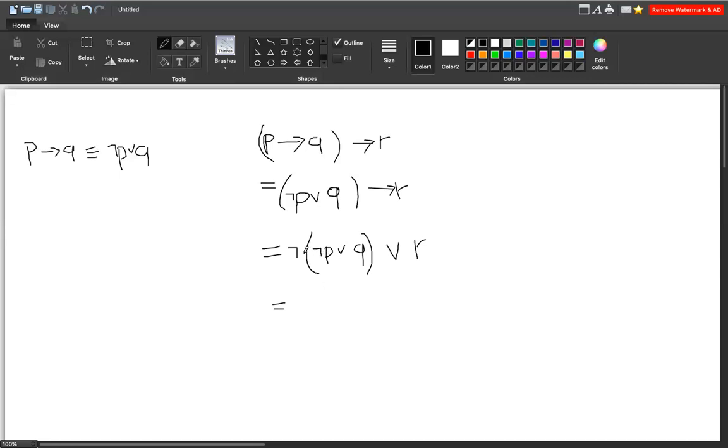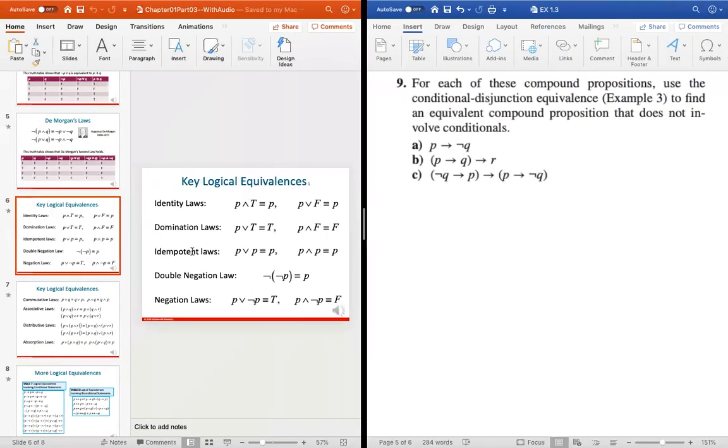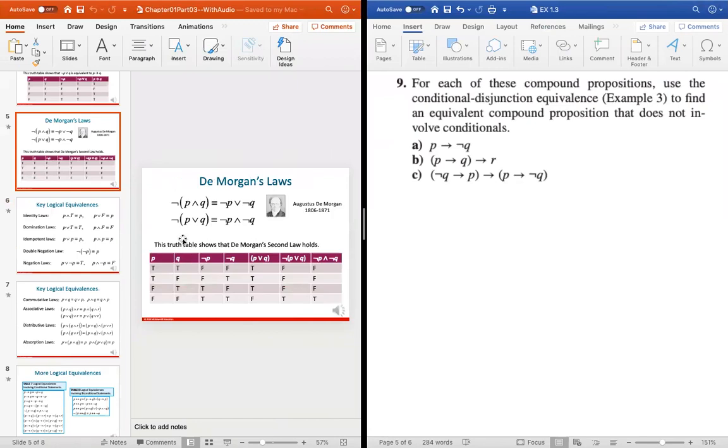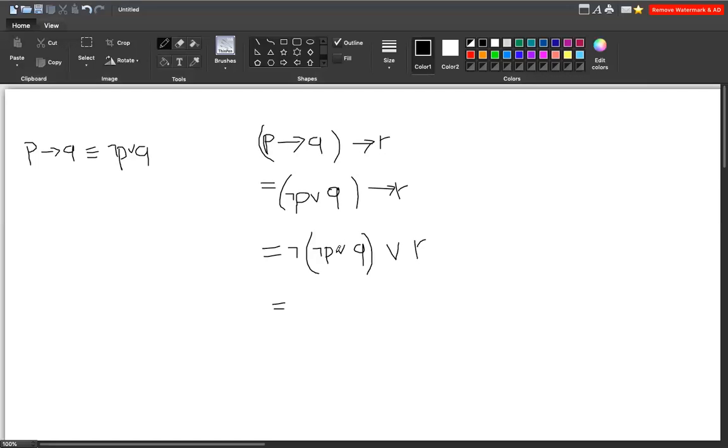So here we have negation of P or Q, and we can apply De Morgan's law. Whenever there is a negation outside, the sign inside becomes the opposite, so or becomes and.